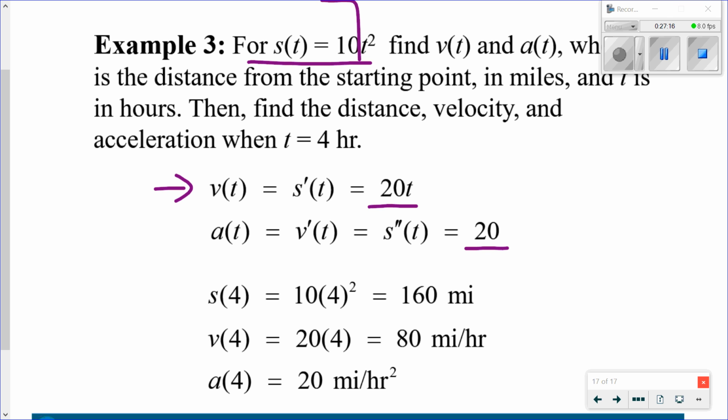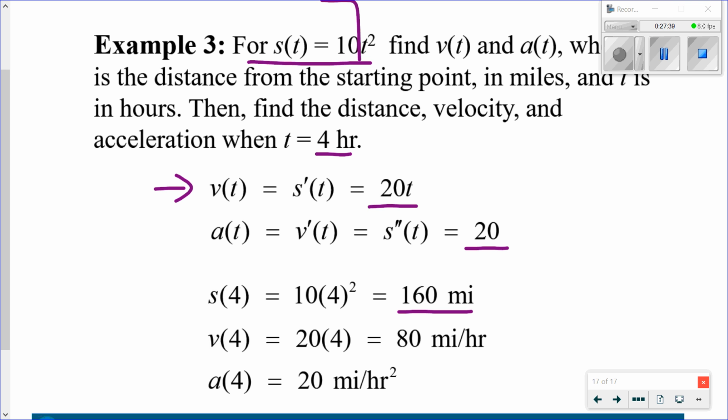Okay, then they want us to find the distance, the velocity, and the acceleration when we've traveled for 4 hours. So if I plug in 4 hours into each of those functions, 10 times 4 squared, I am 160 miles away from where I started.